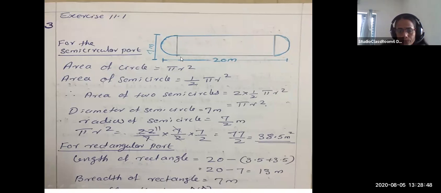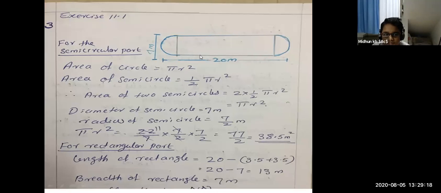When you move your finger through the figure, you won't move through these two lines, the breadth of the rectangle. Perimeter means only the boundary. Understood, all of you? So we don't want these two lengths. We need only the circumference of these two semicircles along with the length of the rectangle. Is that clear?